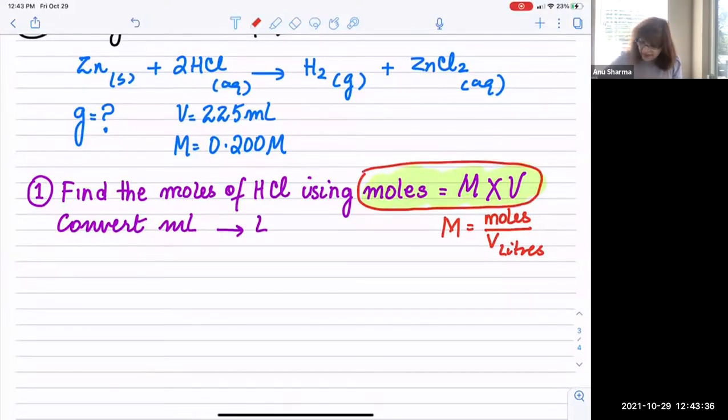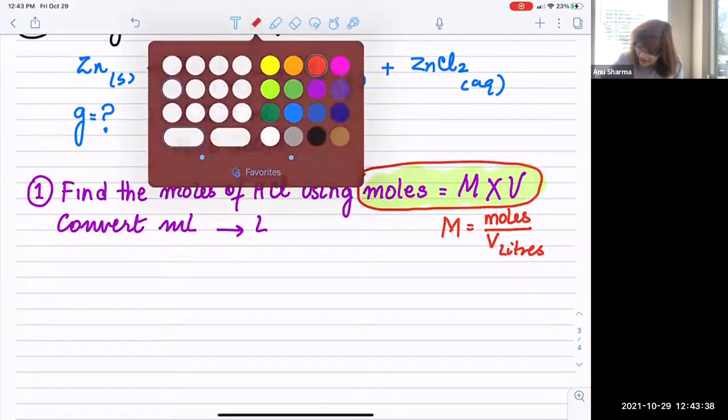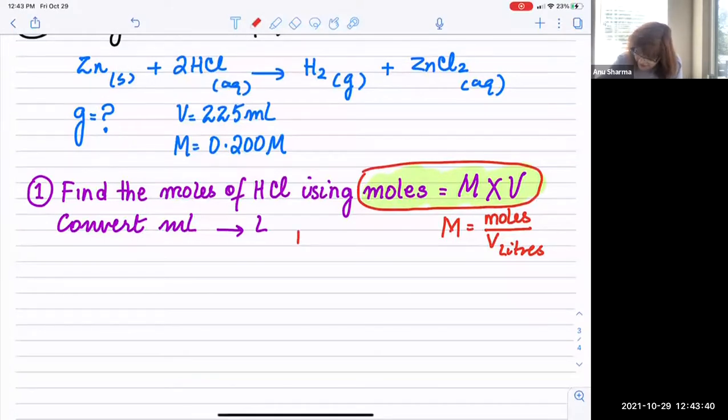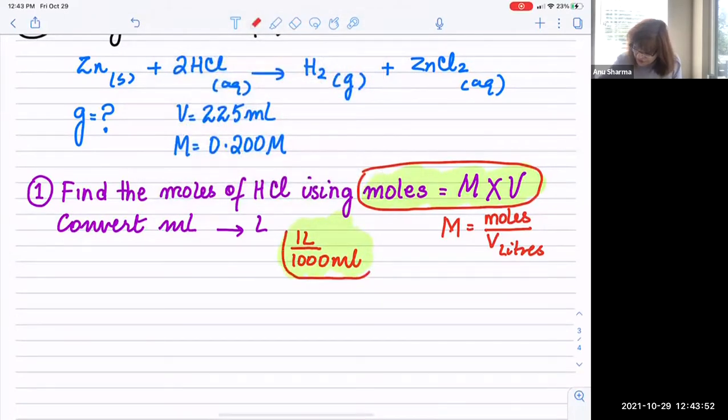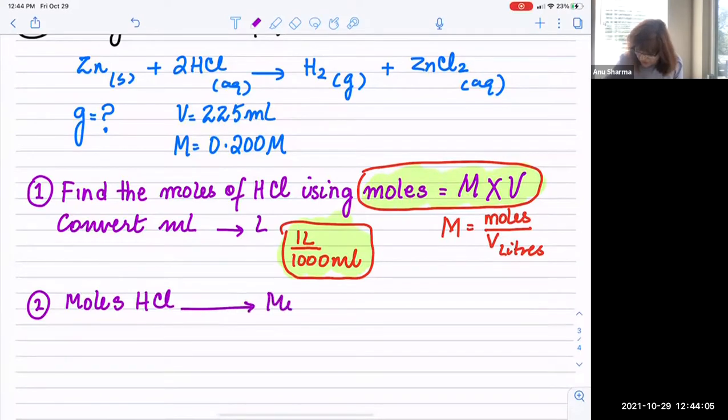So this is one thing. Next is, as we talked about, 1 liter over 1000 milliliters. You're going to use this conversion factor to convert the milliliters to liters. So these are the two things you do. Next, once you find the moles of HCl, convert them to the moles of zinc.